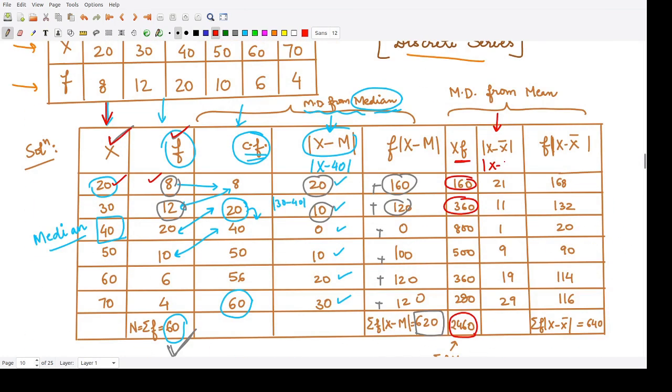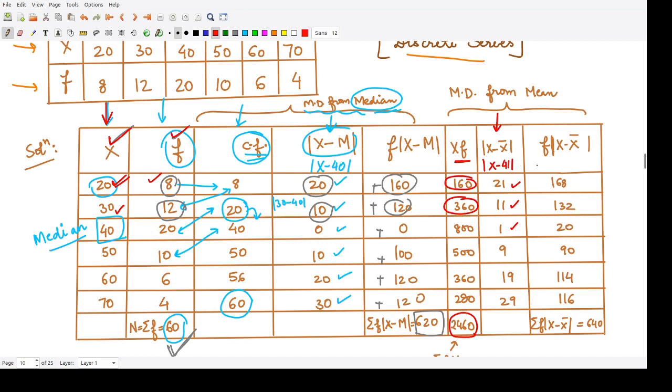So x minus 41 modulus. Firstly, you subtract 20 minus 41 and take its modulus, so it would be 21. Then 30 minus 41, modulus would be 11, and then 40 minus 41 modulus would be 1, and so on. So this is x minus x bar mod.